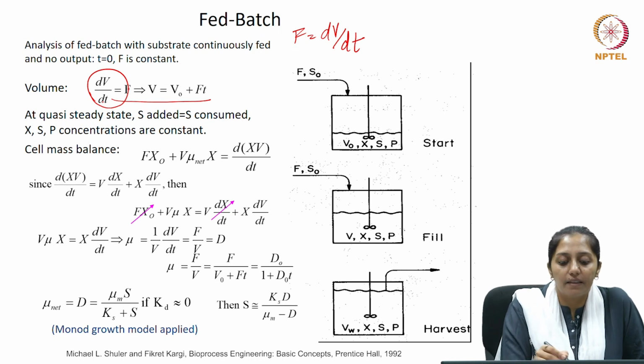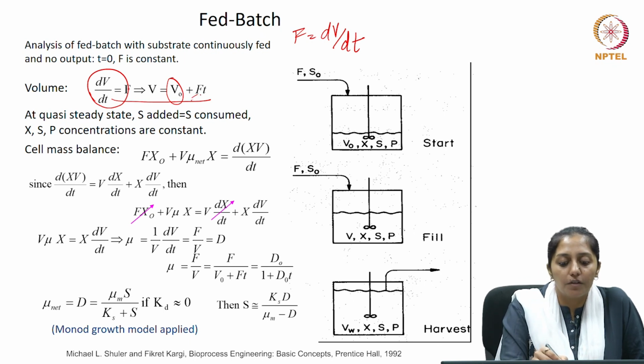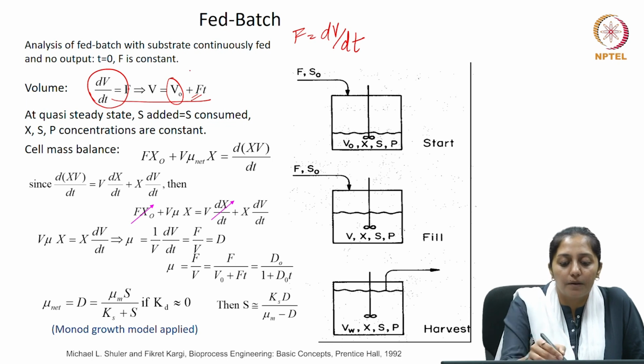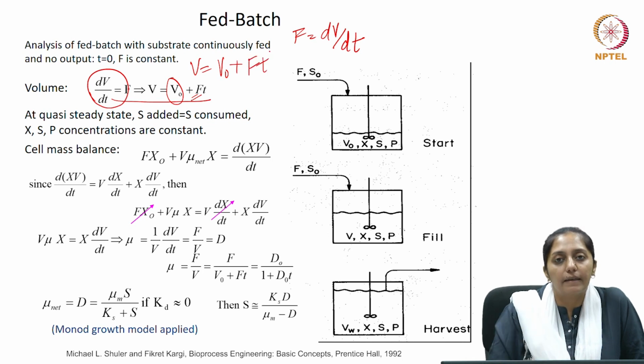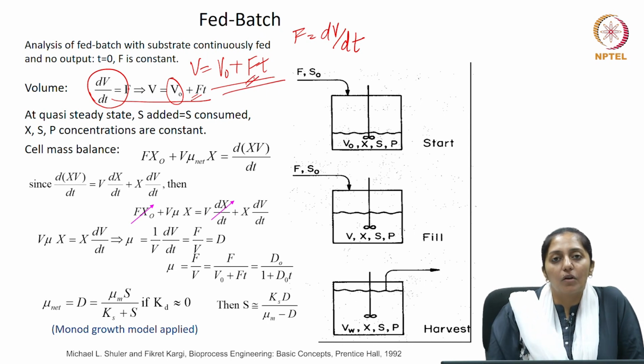Now, if you integrate this and assume that the initial volume inside the reactor is V naught, then because of the continuous feeding entering the reactor, your volume will keep changing as a function of the flow rate and time. Now, this F here is a constant, because it is a constant feed flow rate system.